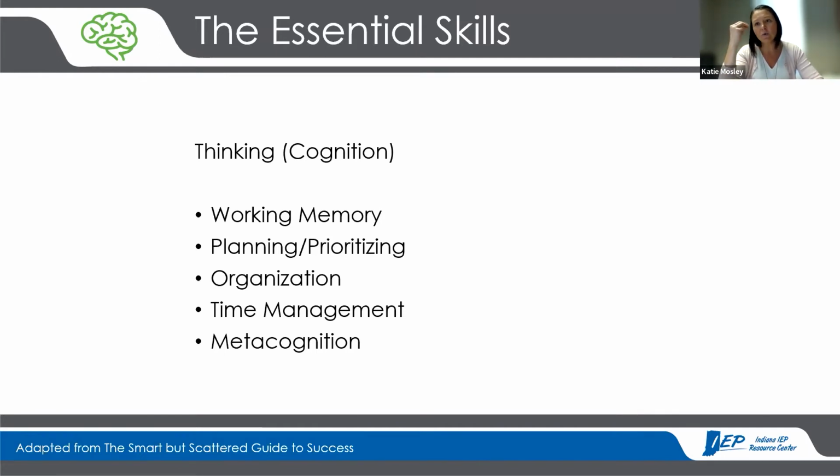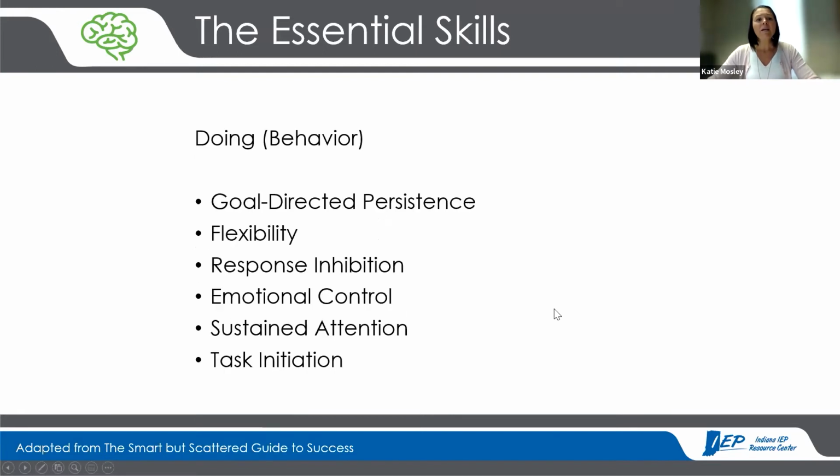Short-term memory is, can we store it and can we recall it? Working memory is using that short-term memory, but actually manipulating it with another piece of information to come out with a new response. If we don't have that ability, we're going to struggle in the classroom.